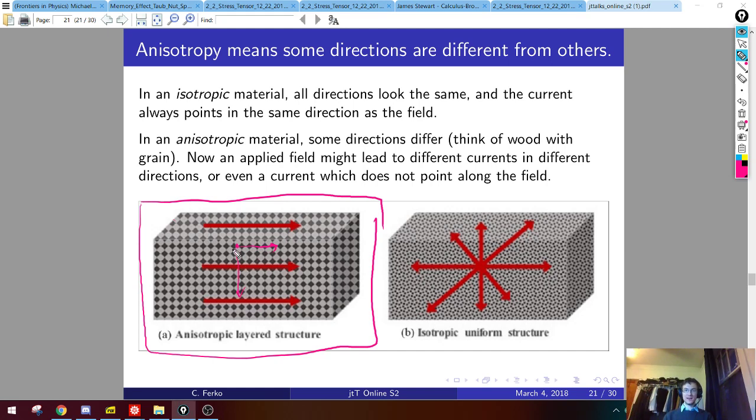So here we've explicitly picked out one direction as being different from another. Moving to the right is different from moving downwards. This anisotropic material has the property that currents will respond differently to electric fields applied in some directions compared to others. We'll see that this is really unusual, but it's exactly the property that we will need for cloaking.